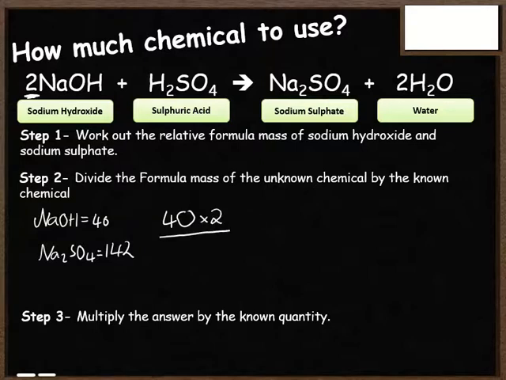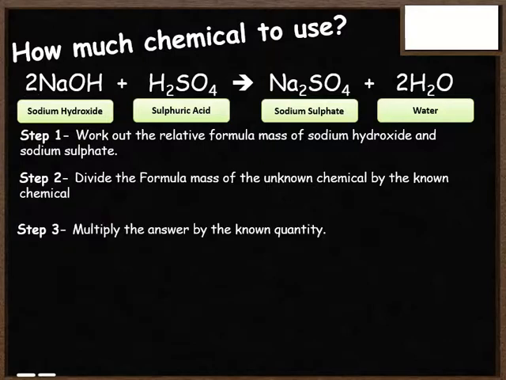I'm going to divide that by the relative formula mass of the known one, sodium sulfate, 142. But if I look up at my chemical equation, there's no 2 in front of the sodium sulfate, so I leave it as it is. That works out as 80 divided by 142, which is equal then, if I put it into my calculator, to 0.56.